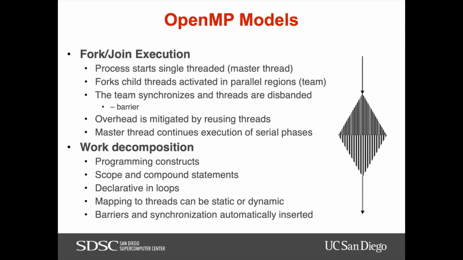The work decomposition itself is done using some programming constructs. There are some scope statements, and you can do declarations in loops. I'm going to give you some examples of all these. And the mapping to the threads can be static or dynamic. So it depends on what your problem is.